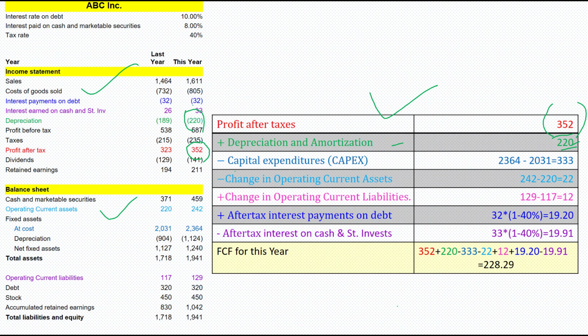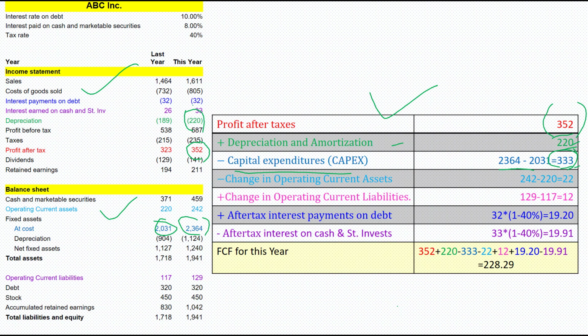Now, capital expenditure. How much did ABC Inc. spend on capital expenditure? How do you calculate it? You look at this year's fixed assets and last year's fixed assets and see the difference, and that difference gives us how much fixed assets were added, right? That's why 333 is the difference between this year's fixed assets and last year's fixed assets.